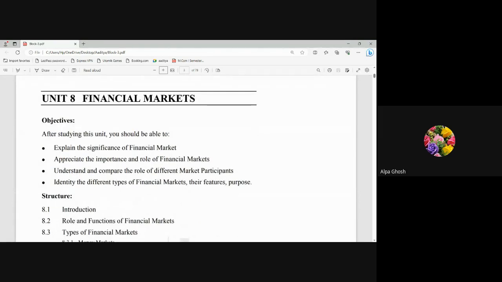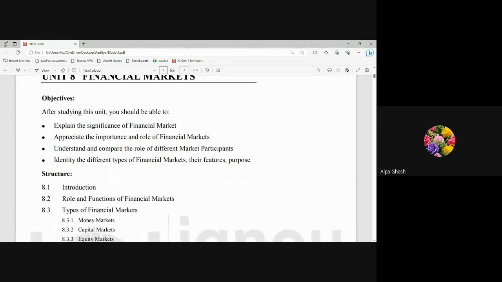So the first one is financial markets. What we are going to study in this: the significance of financial market, the role of financial market, the importance of financial market, how the financial market operates.